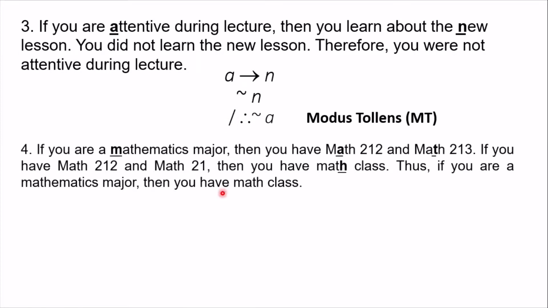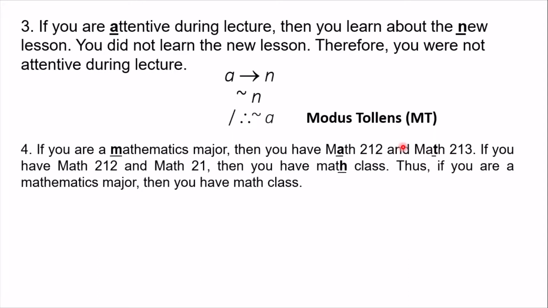Let's have the last example. If you are a mathematics major, then you have Math 212 and Math 213. Remember, the first statement or the first premise is a conditional statement. And take note also that we have the conjunction of A and T here because of the word and.